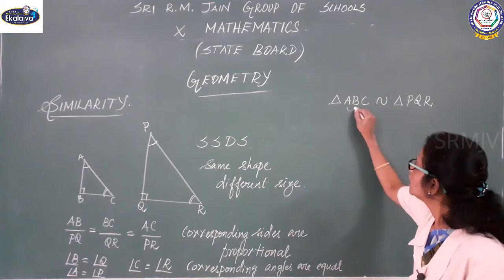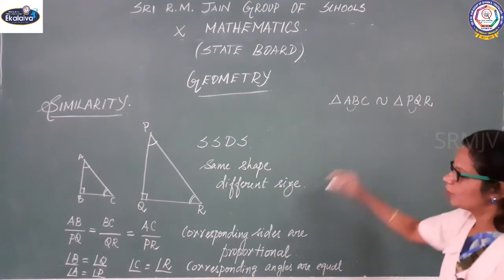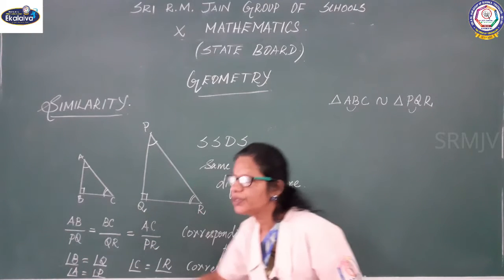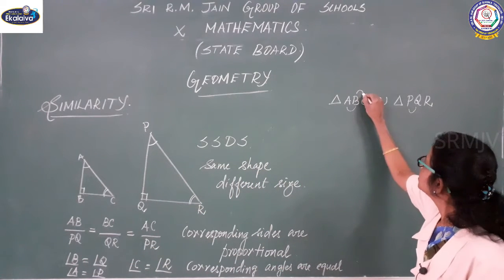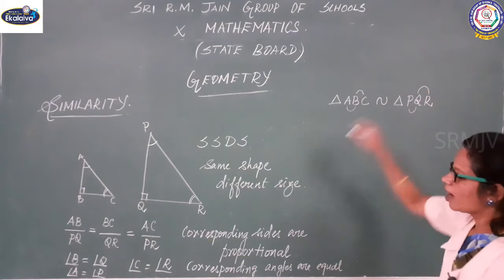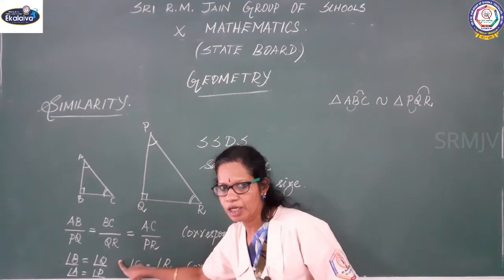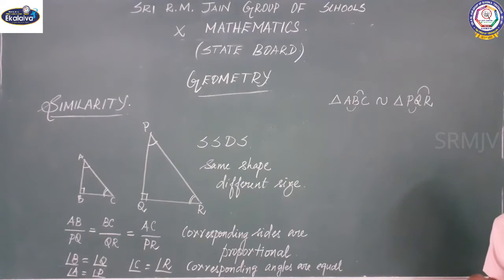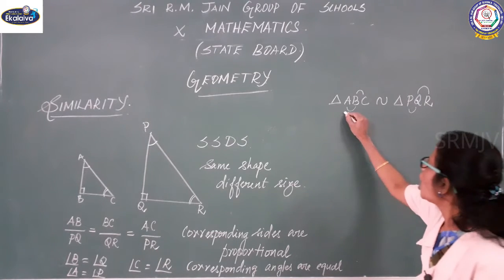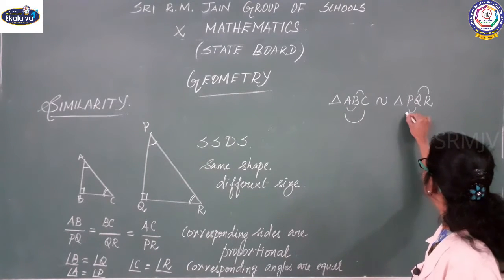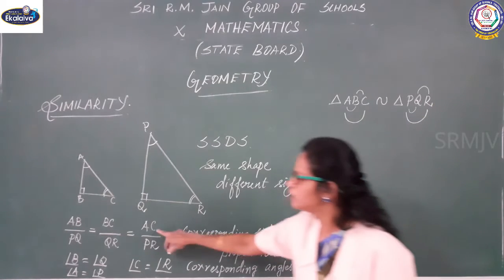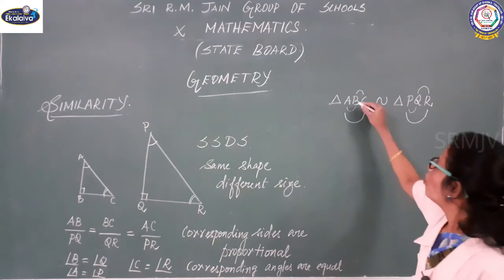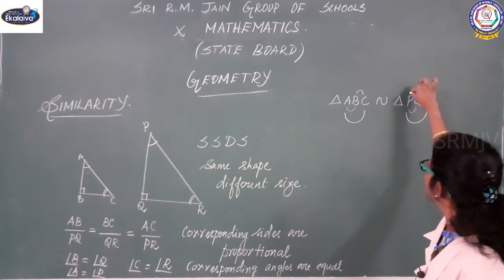See here, AB, PQ. Got it? Now, BC, QR. BC by QR. This is the way you have to represent that corresponding sides are proportional. Now, AC, PR. AC by PR.